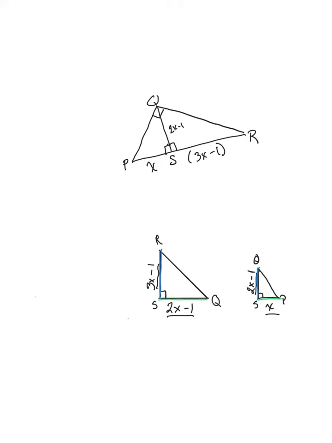So to set this up, I'm going to say that 3x minus 1 over 2x minus 1 is going to be equal to 2x minus 1, this one right here, 2x minus 1 over x.